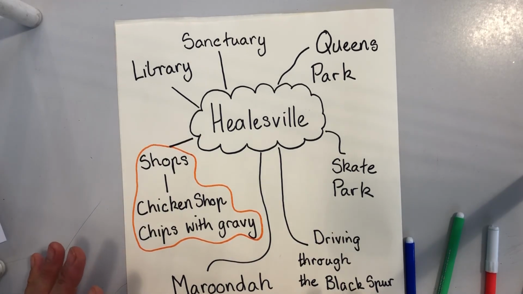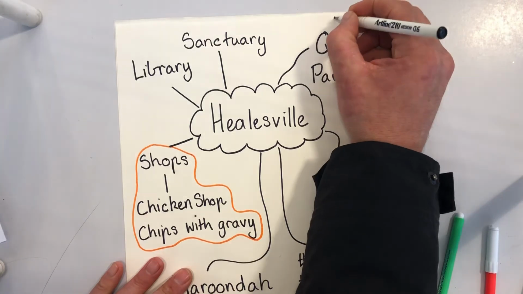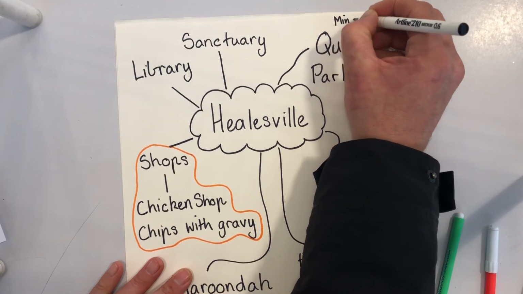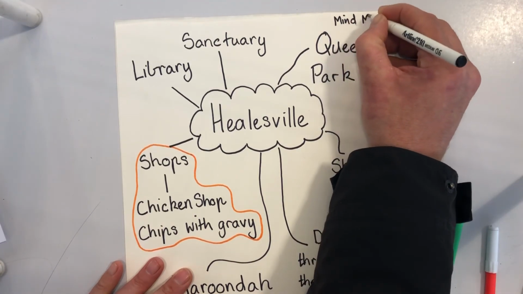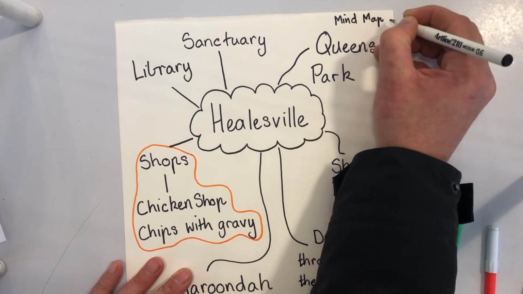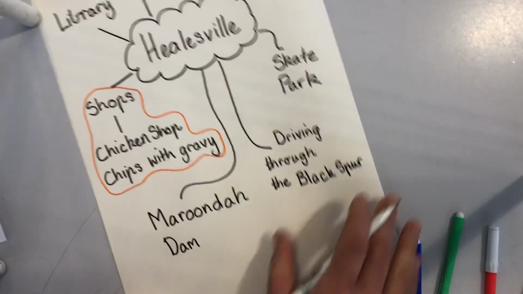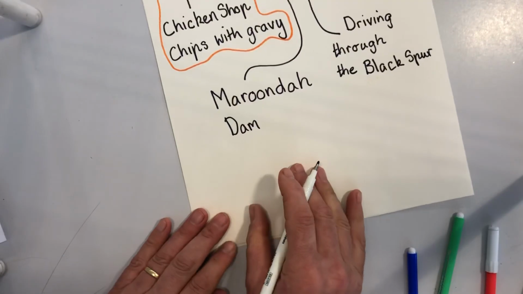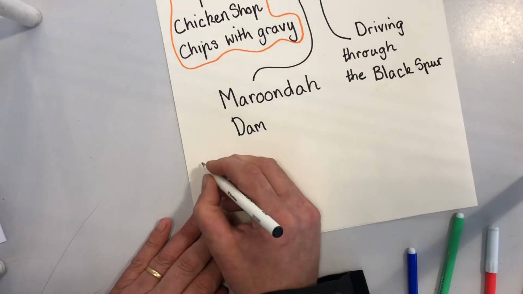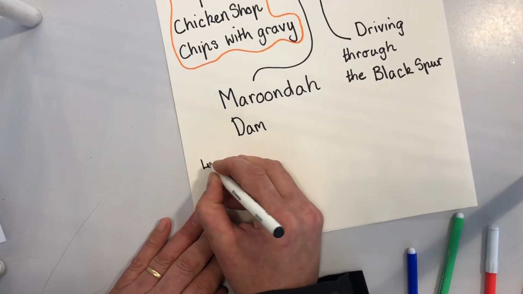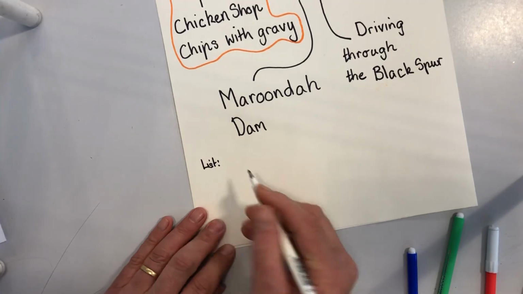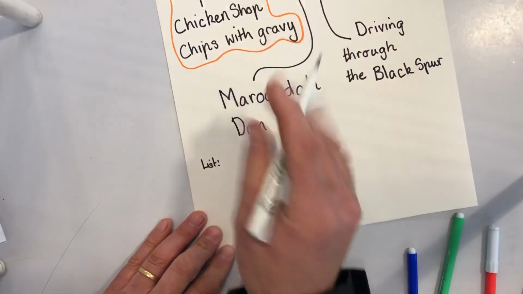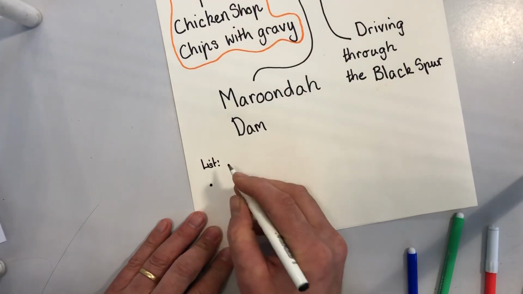Now, I said before that you could also make a list. I can do this in another way. So here's our mind map. If you wanted to make just a brainstorming list, most of you have already done this, but it's super easy. So instead of setting it out that way, we could just do dot points.